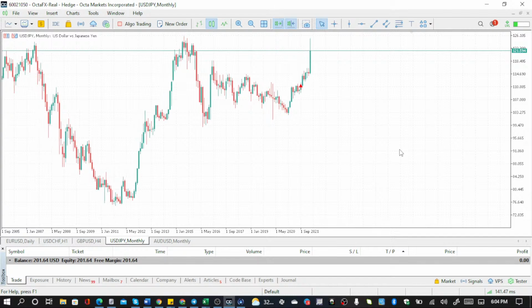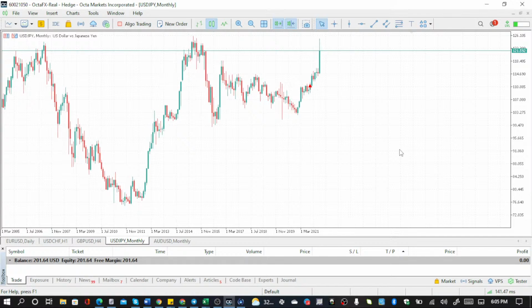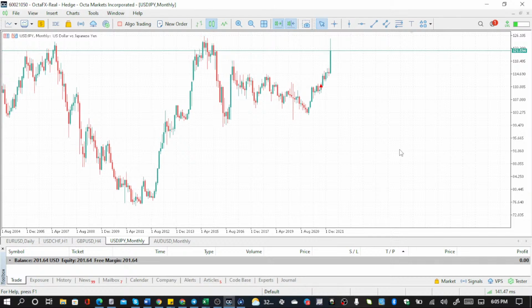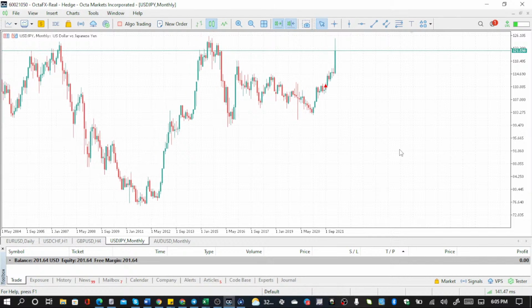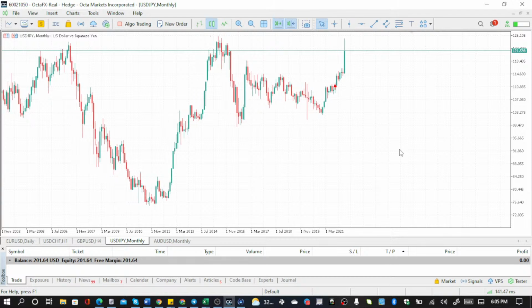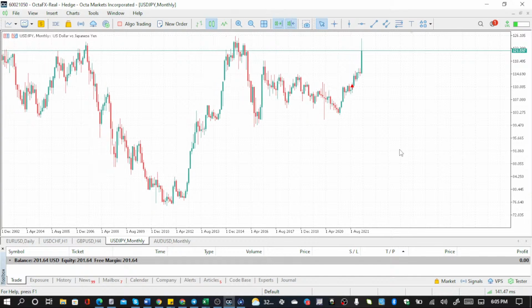Number one, what is the market structure? Is the market in an uptrend or a downtrend? Number two, what level is the price currently? A resistance level or a support level?